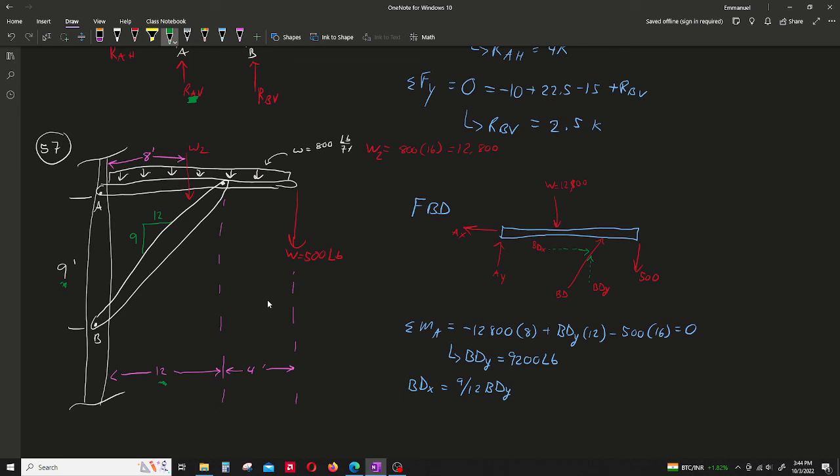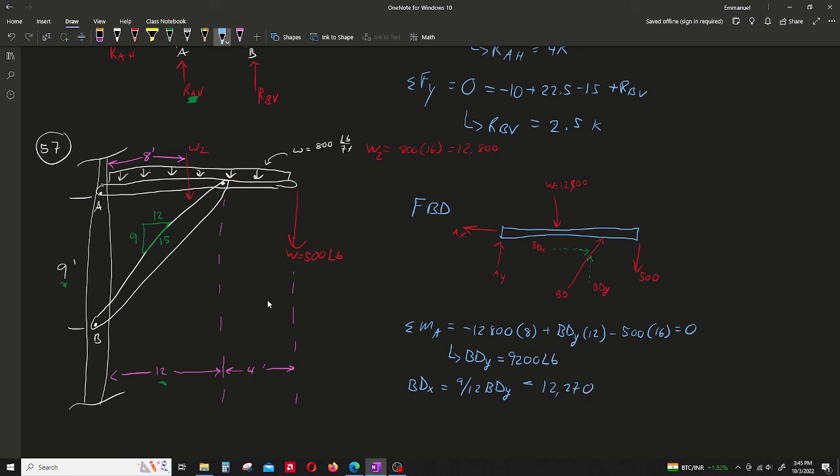So if we do our equation there, it's the Pythagorean theorem, this right here is going to be the 15. And so therefore, we can set it up with the law of sines. Utilizing the law of sines in this case, 9/12 of BDY gives us BDX.